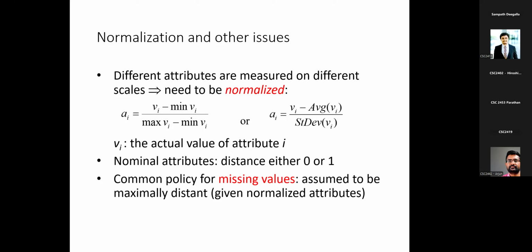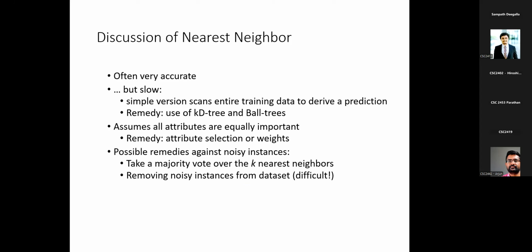So let's finish our discussion of the nearest neighbor classifier. This is a very simple idea. Most of the time you get accurate results, but this will be very, very slow. Why is it very slow?